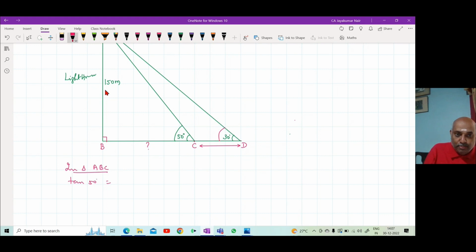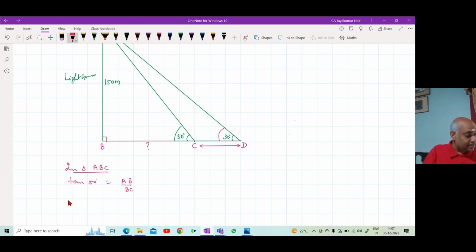Tan means perpendicular by base, so that is AB over BC. What is tan 50? You have to look up the tan table. It is given at the end of the textbook.